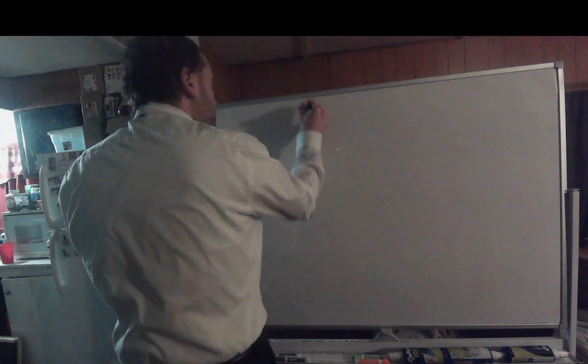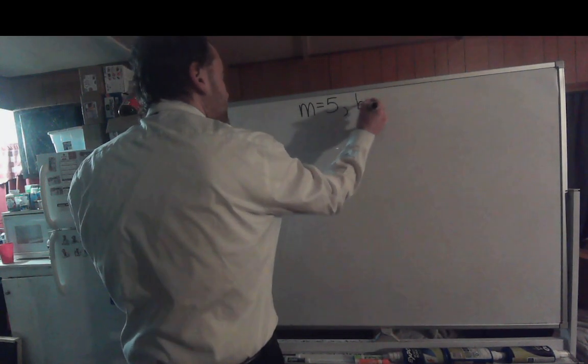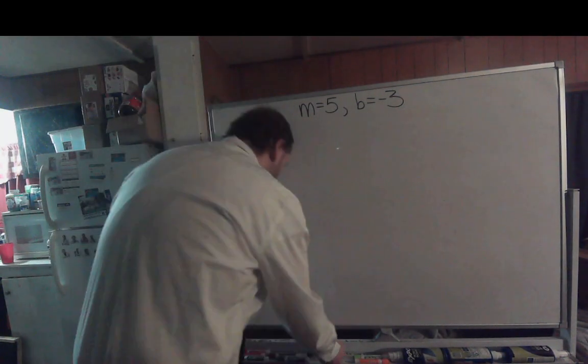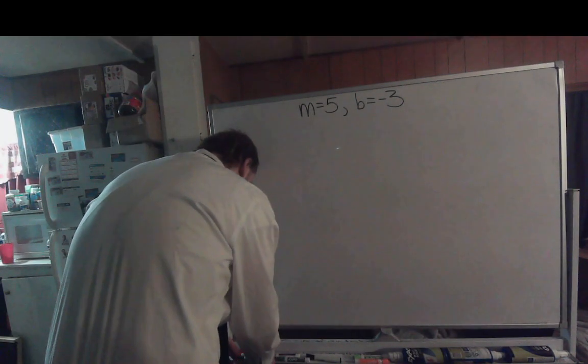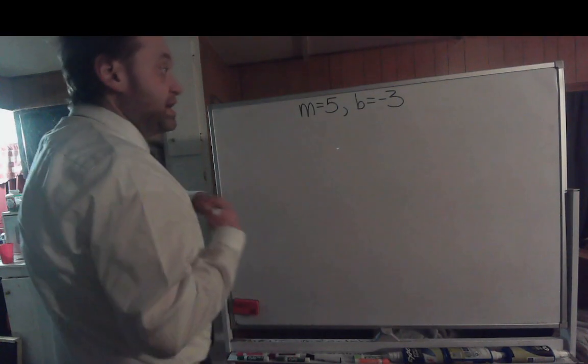We're going to write the equation of a line with a slope equal to 5 and the y-intercept equal to -3. So we need to find the equation of the line with slope 5, y-intercept -3.